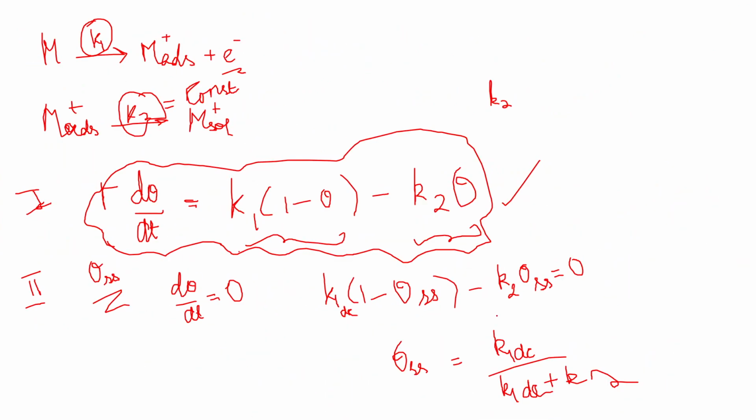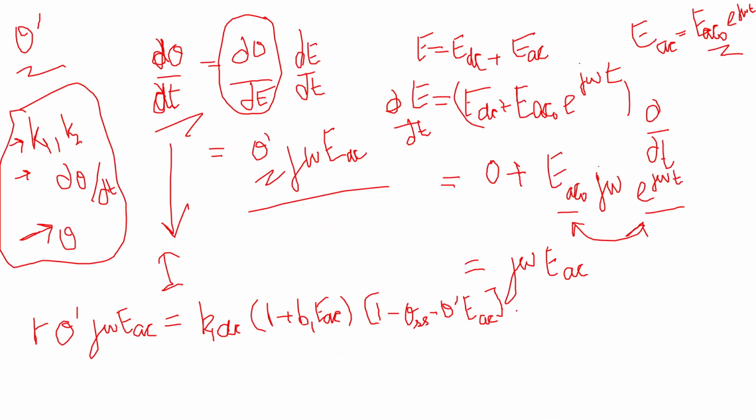Now what is the next one? Minus k2 theta. You know k2 doesn't vary. It's a constant because it's a chemical step. So k2 into theta ss plus theta dash EAC.